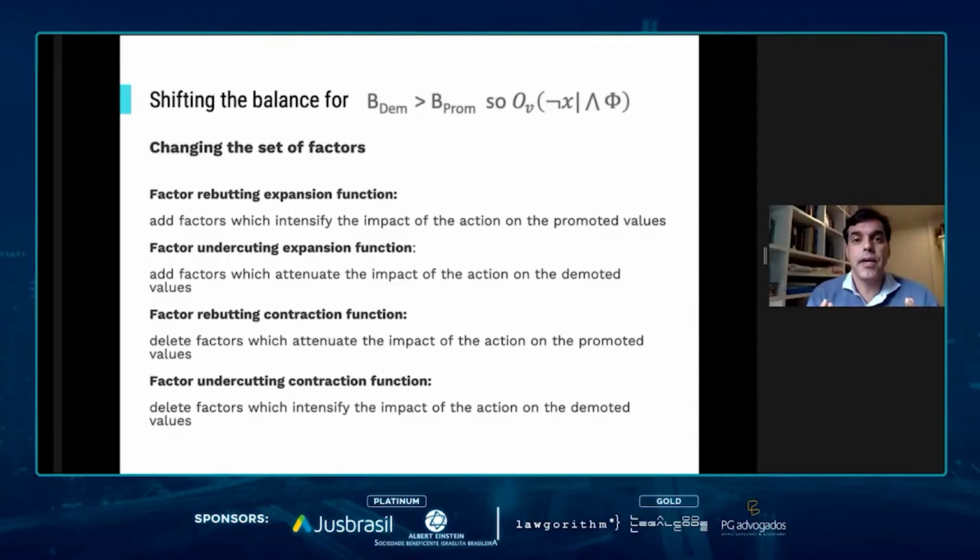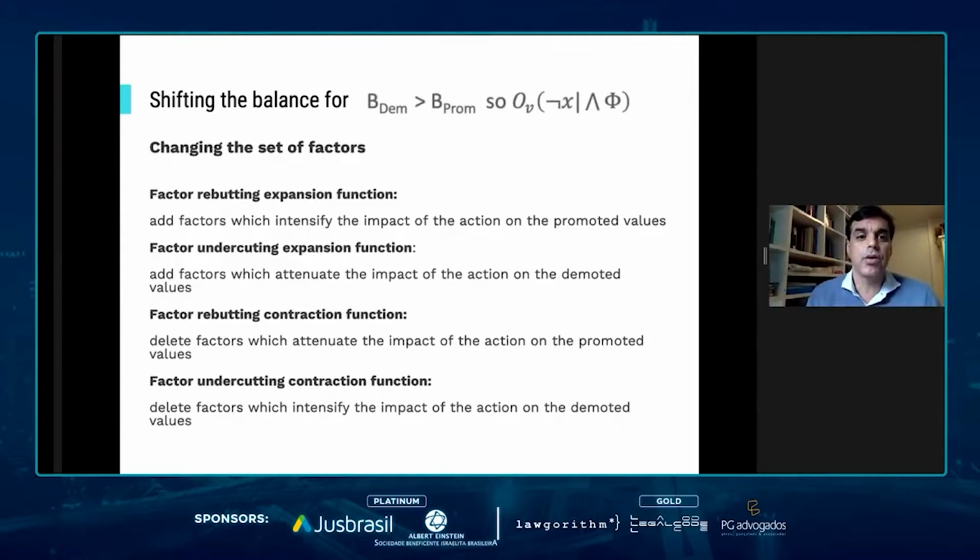It may be a strengthening of the opponent, that is, a strengthening of the promoted values, and we may strengthen the opponent by adding intensifying factors to it. We called it a factor rebutting expansion function.